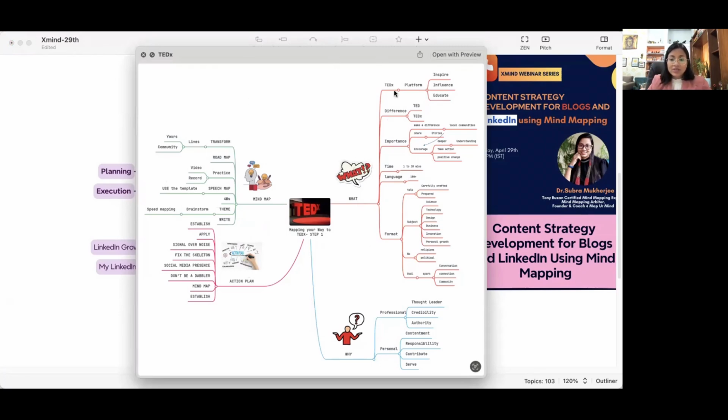So, right from what is a TEDx and what is this platform, and what is the importance, timing, language, what is the format of this talk, and why do I want to become a TEDx speaker, what will be my action plan moving forward, and in the mind map, what are the things that I'll be writing, brainstorm, whatever it is.